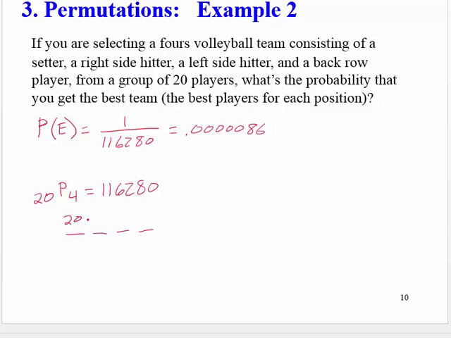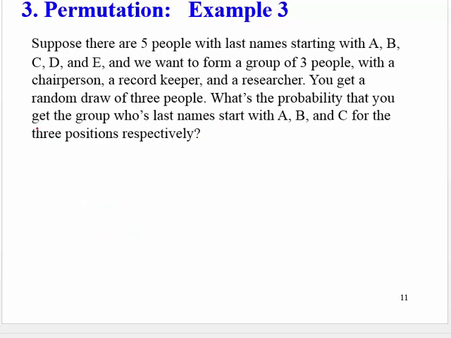There's 20 for this one, times 19 for this one, times 18 for this one, times 17 for this one. And you just multiply those out. That's probably even easier. But if you were choosing 10 of them, or 12 of them, or 14 of them out of 80, then you probably want to use the formula. But if it's a small number, you can just use these.